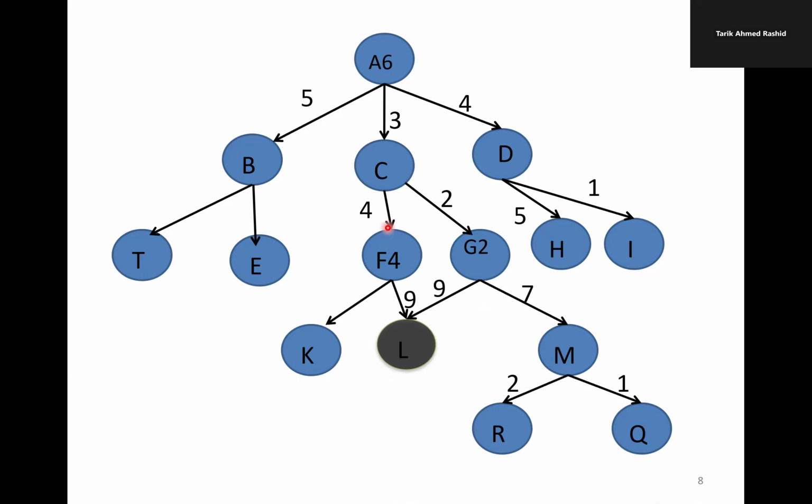C has kids with distances 4 and 2, F4 and G2. The other links are considered to be 1 as well. So we try to solve this problem.